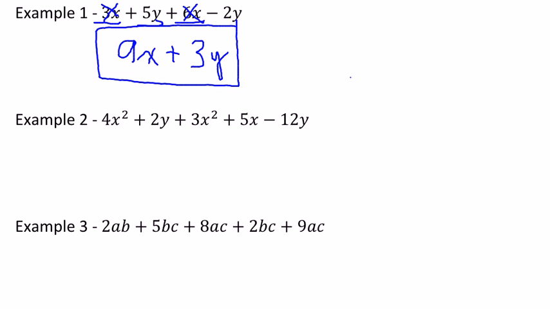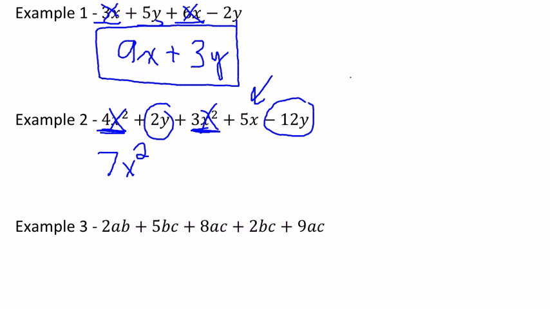Example 2, now we've kind of thrown some exponents in there. So we look for our first kind of term, and I usually just start at the beginning. I've got some x squared terms. And so 4x squared plus 3x squared is just 7x squared. I cannot add that with the x term because even though it's the same variable, it's a different exponent. So 3x squared and 5x are not considered like terms. And then I look for the next type of term, so that one's gone. I see y's.